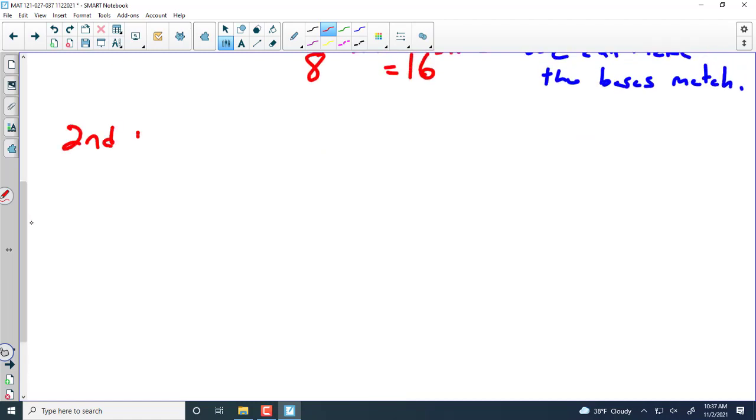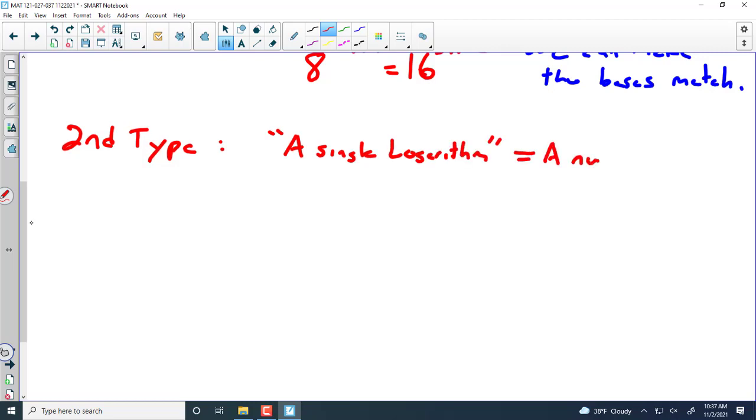The second type we saw was where we had a single logarithm equals a number. And for a problem like this, we would rewrite in exponential form.